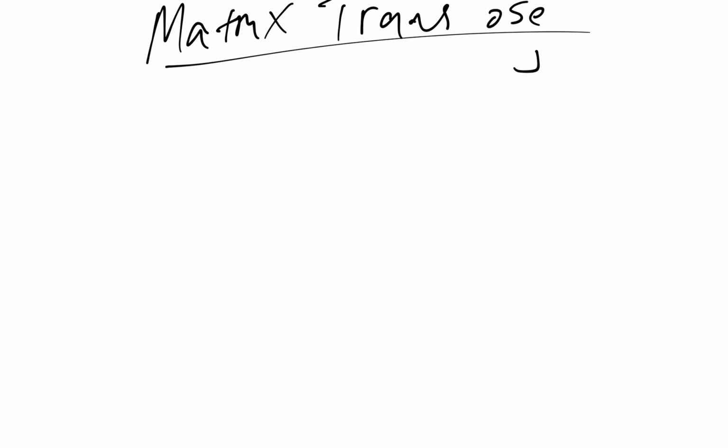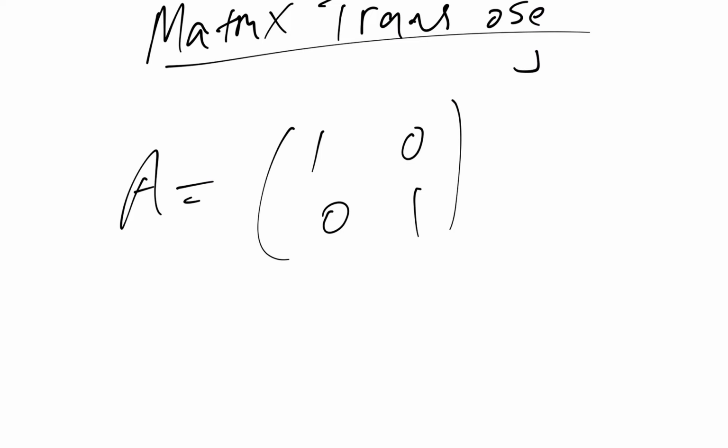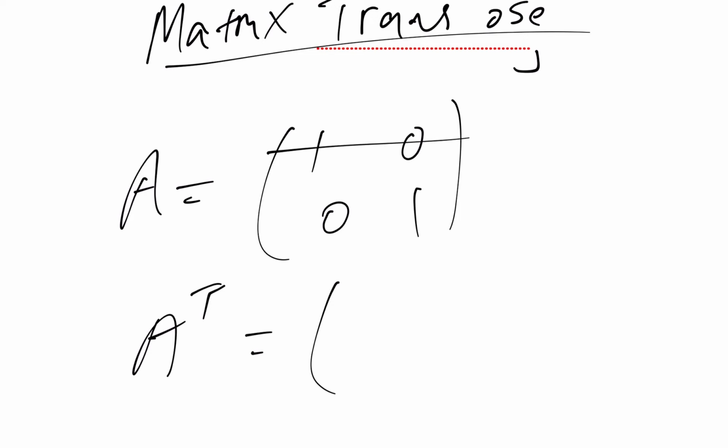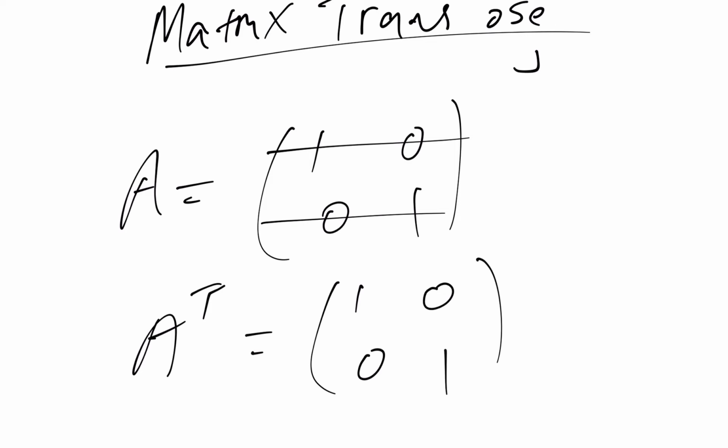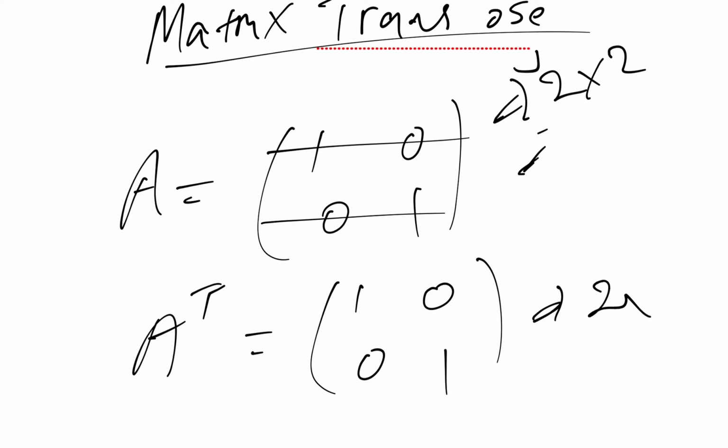How about this identity matrix 1 0 0 1? In the transpose of A, the first row now becomes the first column, and the second row now becomes the second column. Notice that the order of this one was 2 by 2, and the order of the transpose is also 2 by 2.